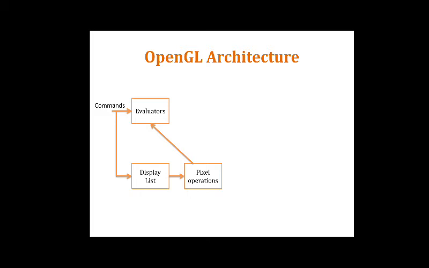So now see, commands can be in a pipeline or they can be executed with the display list. So both are given as input to the evaluator. You can see here these commands are given as input, and the commands from the display list after processing are also given as input to the evaluator. So these are the two inputs to the evaluator.